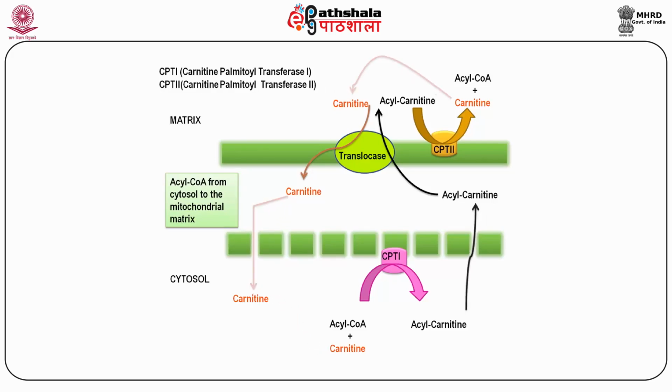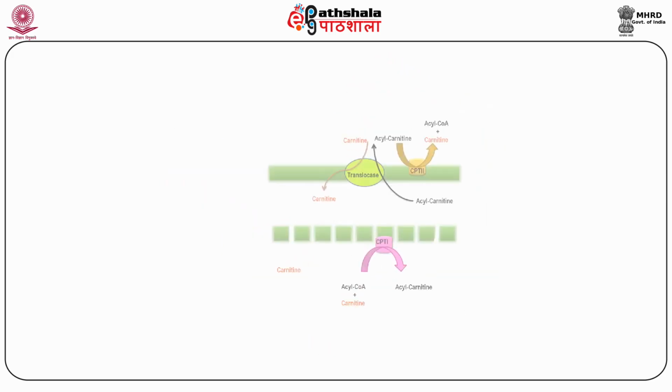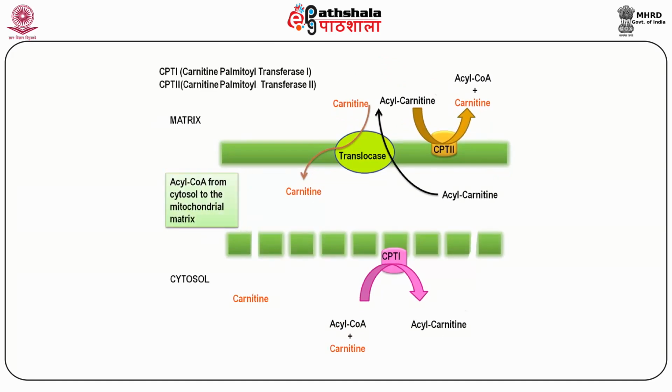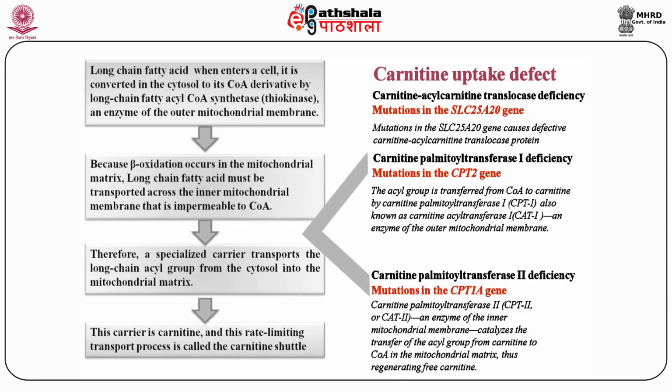The acyl-CoA moves from the cytosol to the mitochondrial matrix, and there are two isoforms of the enzyme, carnitine palmitoyl transferase 1 and carnitine palmitoyl transferase 2, that are responsible for the translocation of carnitine from the cytosol to the matrix of the mitochondria. In the carnitine uptake defect, there are three principal types of carnitine deficiencies.